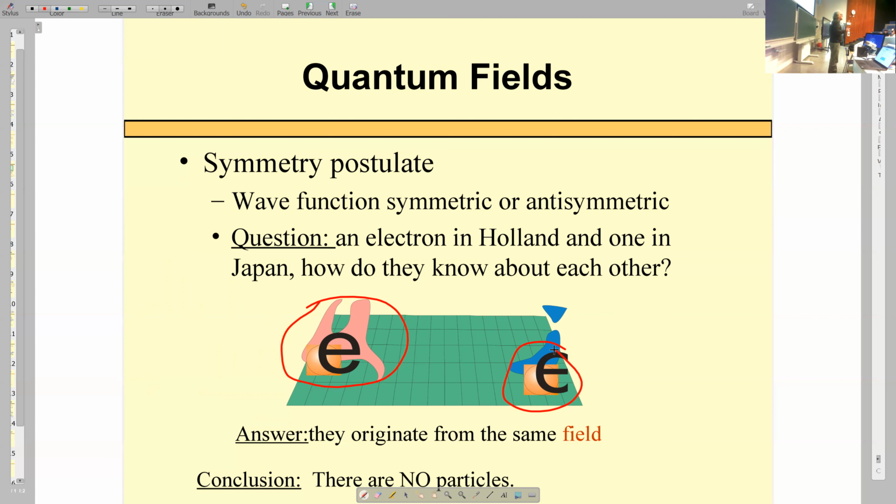The property of vacuum is a potential to create excitations, namely electron excitations. So both electrons in Japan and in the Netherlands just originate from the same field. That's why the wave functions are anti-symmetric. That's why there are no identical particles, but there are quantum fields.